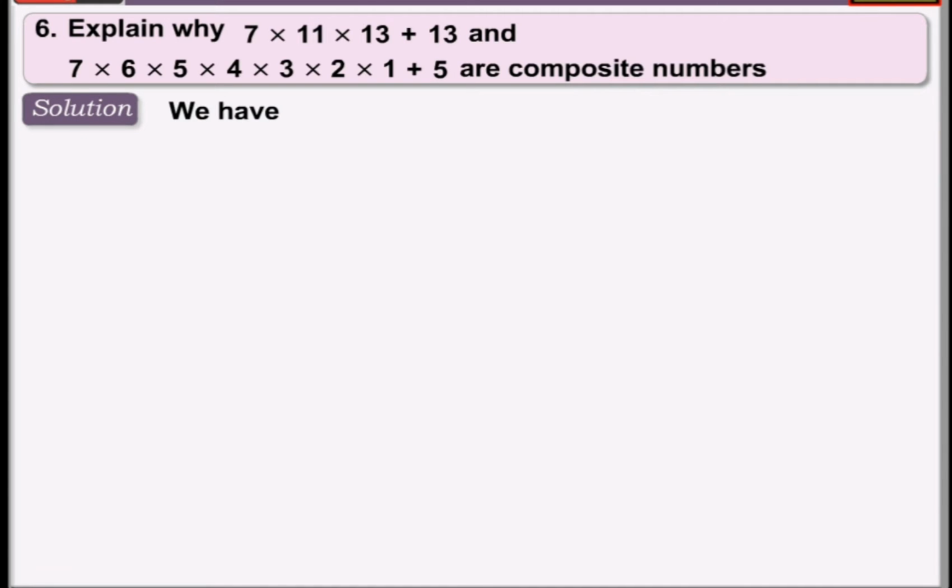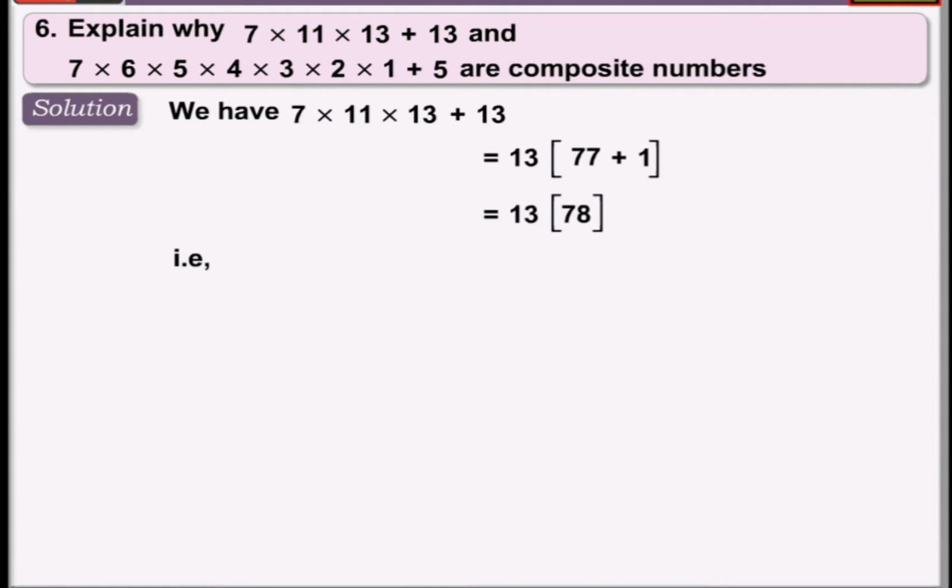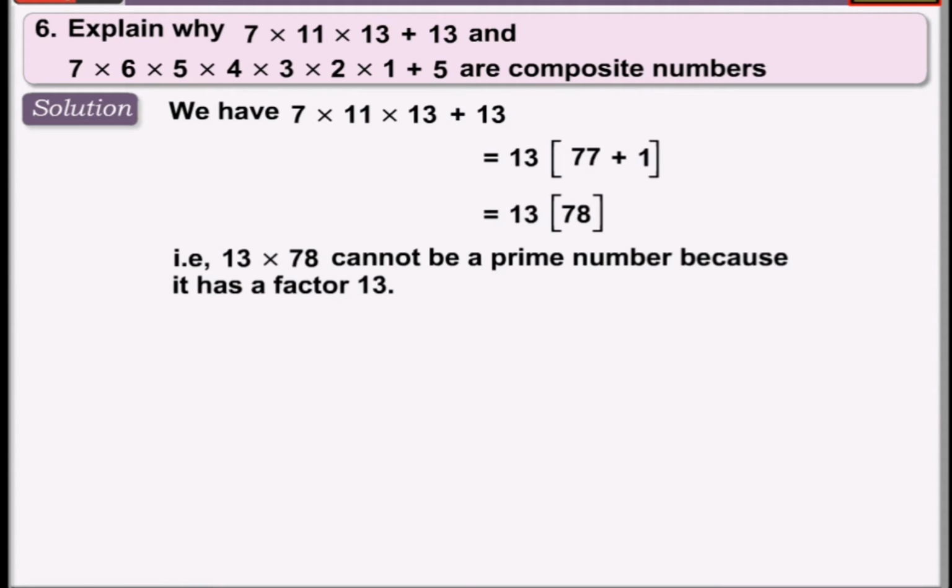We have 7 into 11 into 13 plus 13 is equal to 13 into 7 into 11 plus 1, which is 13 into 78. That is, 13 into 78 cannot be a prime number because it has a factor 13. Therefore, 13 into 78 is a composite number.